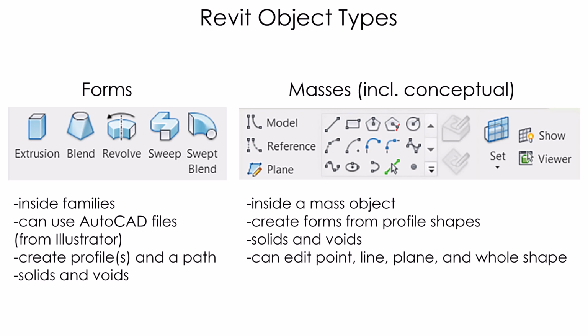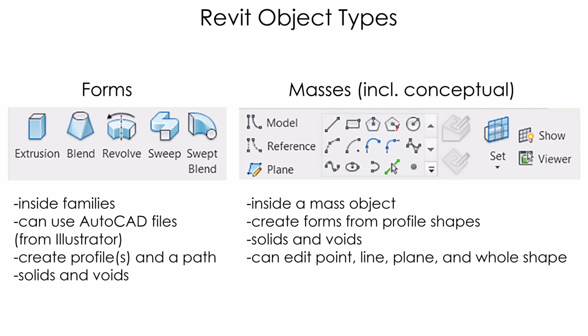Revolve takes a profile and spins it around a central axis. A sweep takes a profile and allows you to essentially follow me, the SketchUp style follow me, along some linear path. It can be a line or a squiggle or a bunch of lines. Finally, a swept blend allows you to draw a path and draw 2 different profiles, and Revit will magically connect the 2.